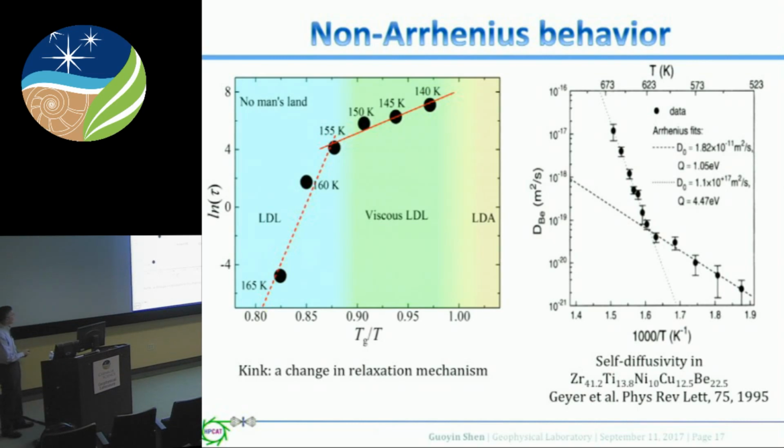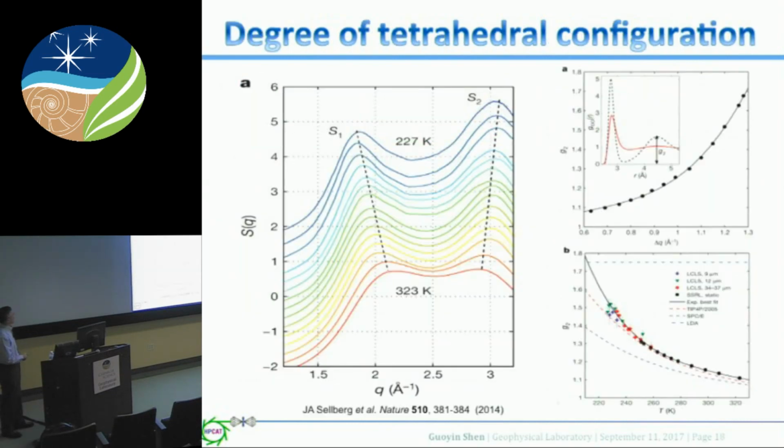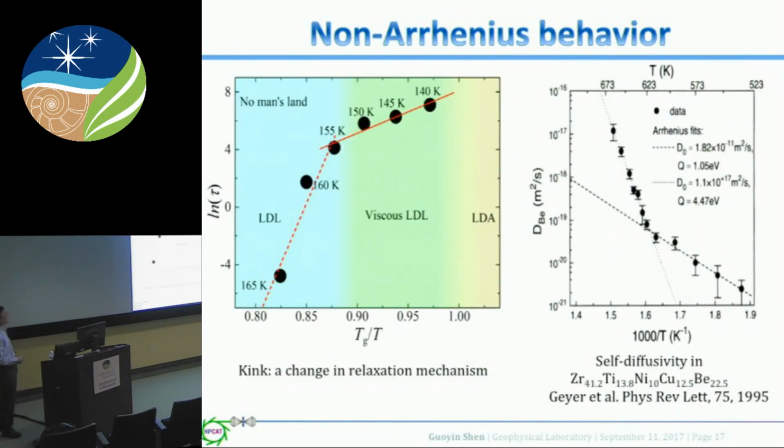So that's why we call this a low density liquid. I'm going to talk about why we call this low density, but we can call this a metastable liquid. Here is a viscous or strong liquid. And below this line, which is the glass transition, we plotted this against the glass transition temperature. That is, of course, the low density amorphous ice below the glass transition.